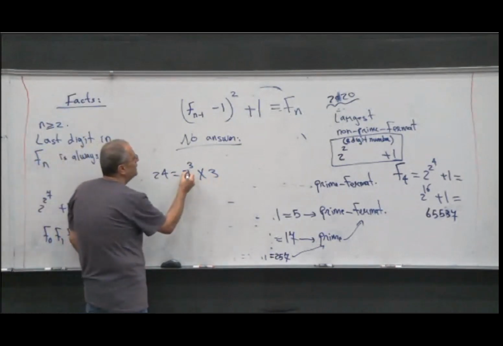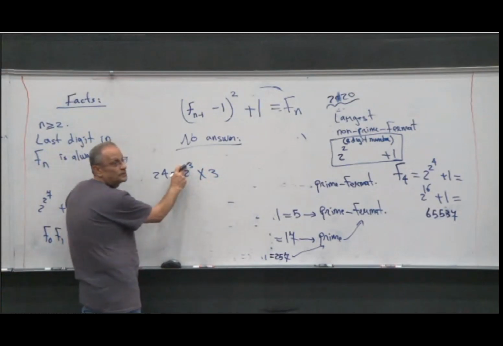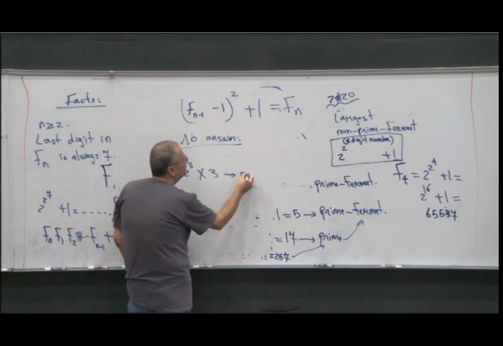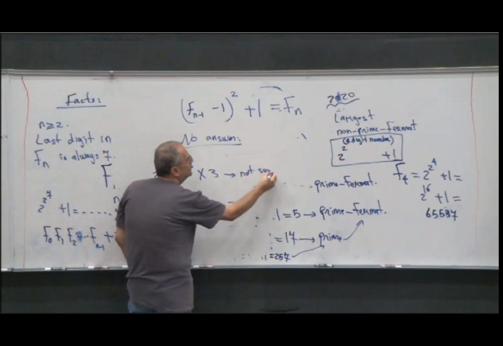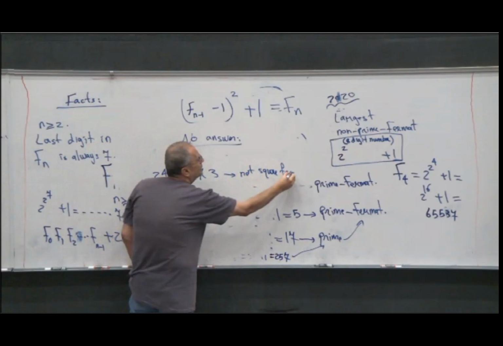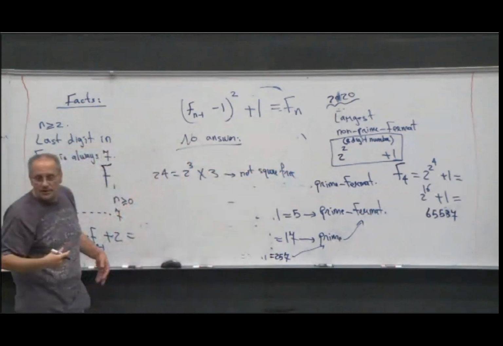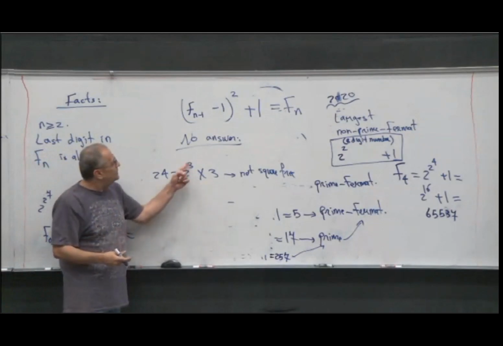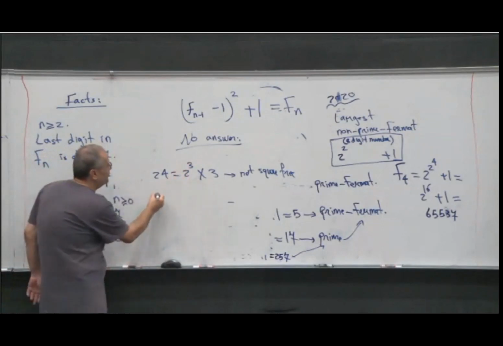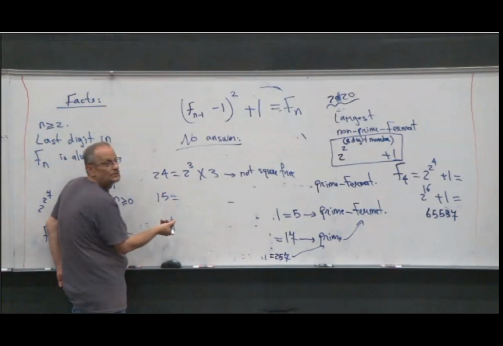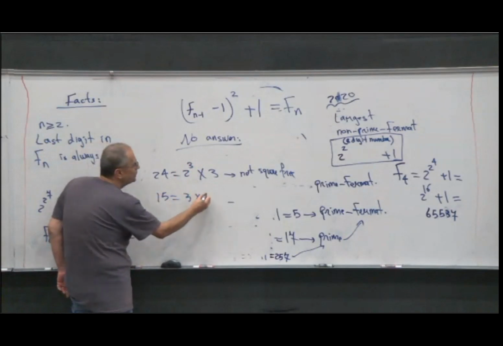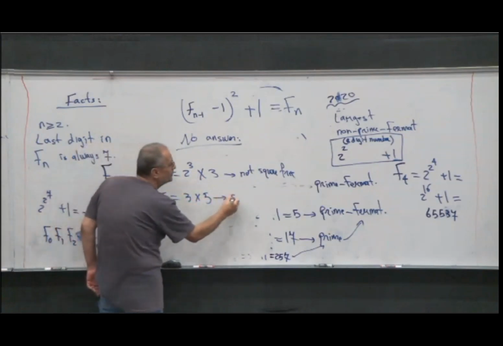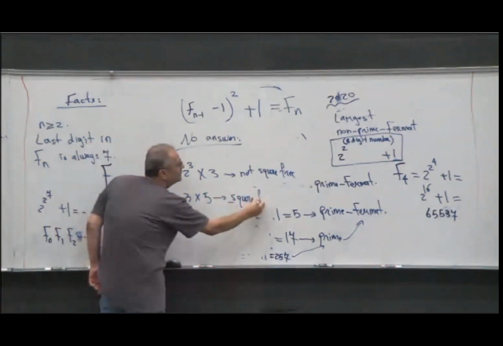Here I have 2 to the power 3. We call it not square-free. There is some power. And in the prime factorization of, like, 15, what's 15 equal to? 3 times 5, each only to the power 1. We call it square-free.